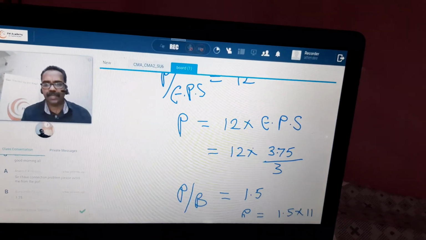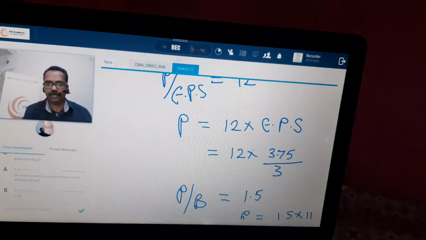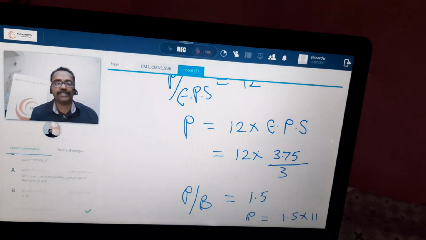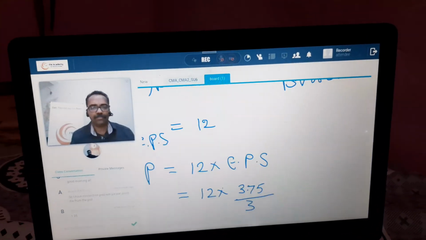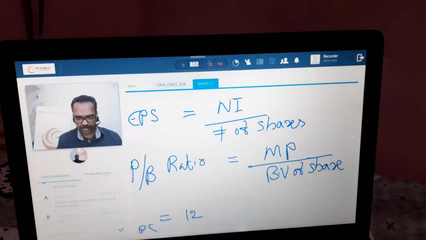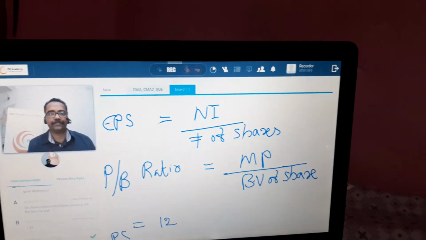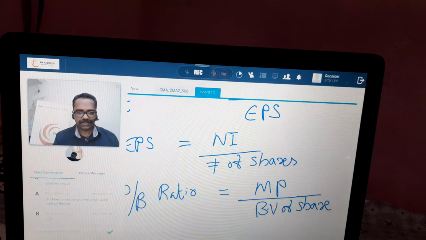So I was reading a business newspaper. That time I came across this word. What is market capitalization? So I had no idea. So I asked my senior who had just qualified. Even he was not knowing. That was the first time I encountered this term.